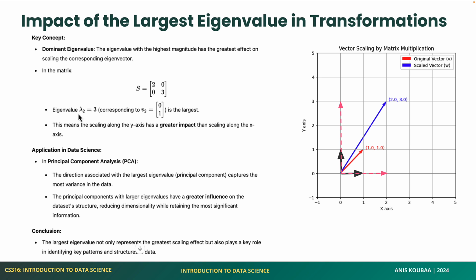So for example, in our case, lambda 2 equal to 3 corresponds to the largest value, and it corresponds to V2. Later on, when we talk about principal component analysis, an application of eigenvalues in data science, you will understand why we need to look at the dominant eigenvalue or eigenvalues.